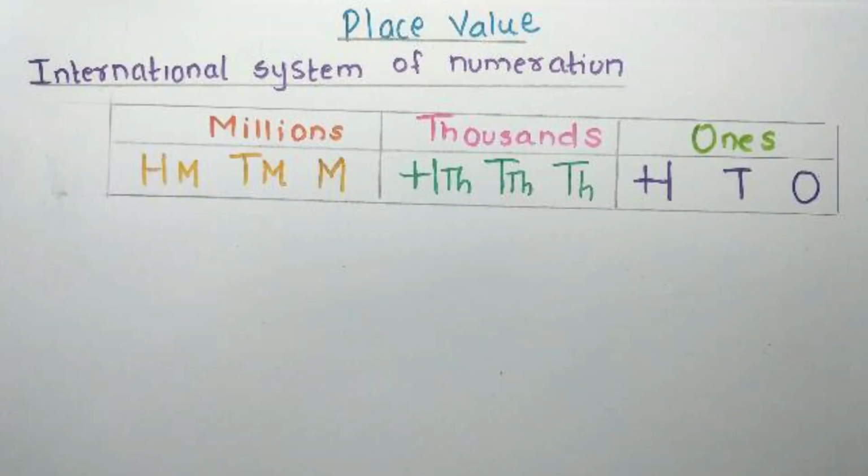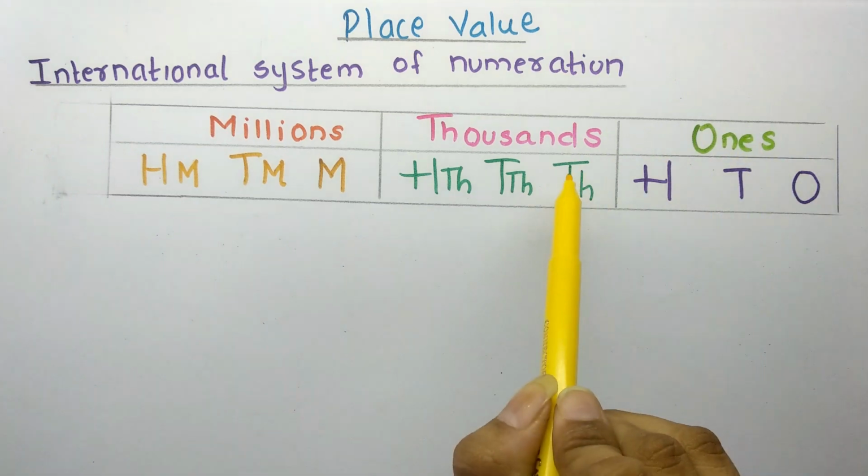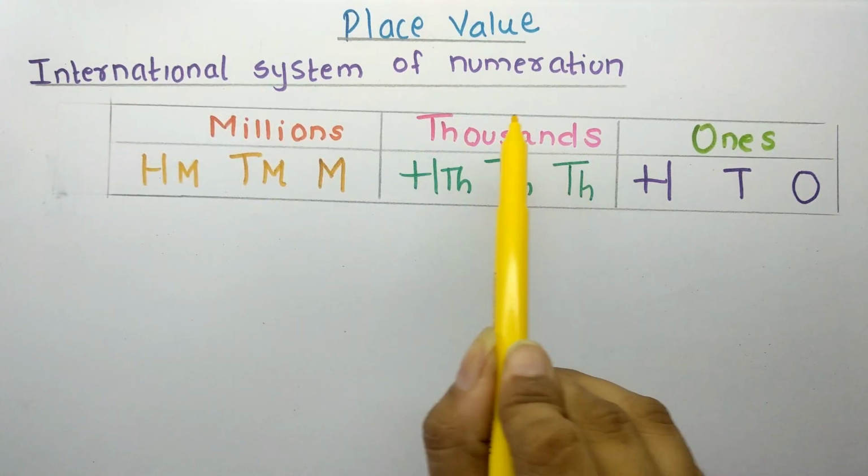Now, ones period has ones, tens, and hundreds. Three digits in ones period. Then I have thousands period. Unlike the Indian system where we have only two digits, here I have three digits in thousands period. So there is thousand, 10,000, and 100,000.